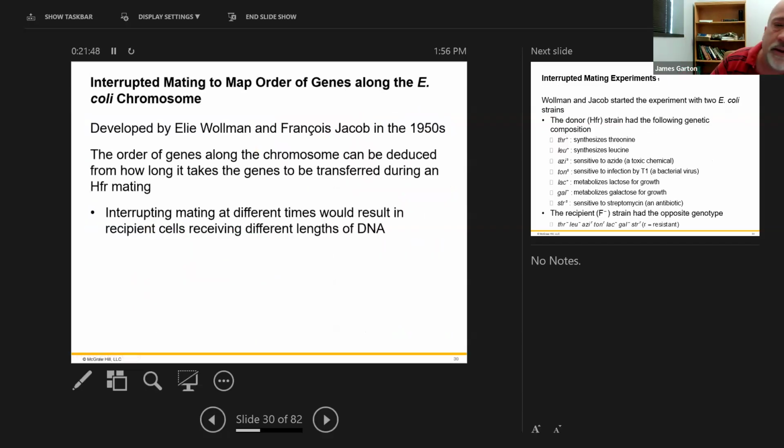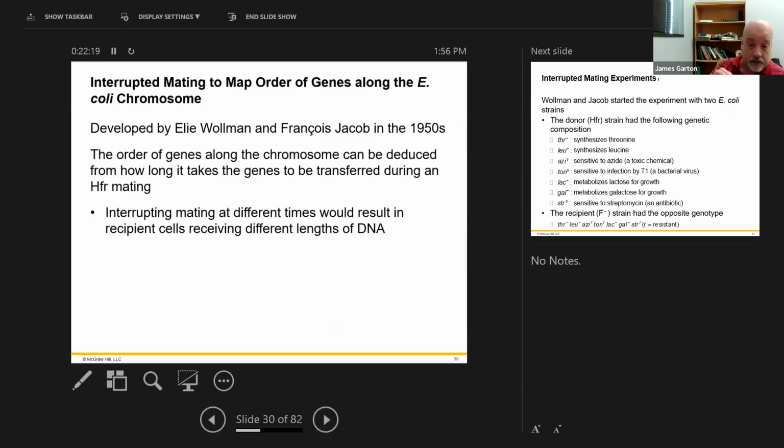And so mapping in E. coli is done by something called interrupted mating. It was developed in the 1950s. And it just means that the longer it takes to transfer the genes in various parts of the chromosome gives you an indication as to where on that chromosome those genes are.